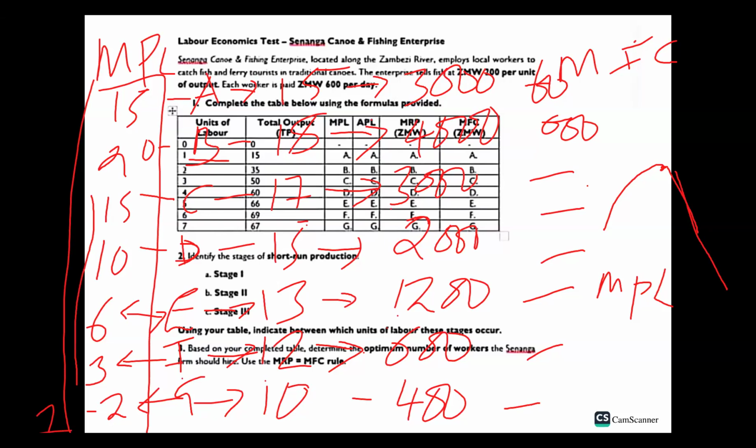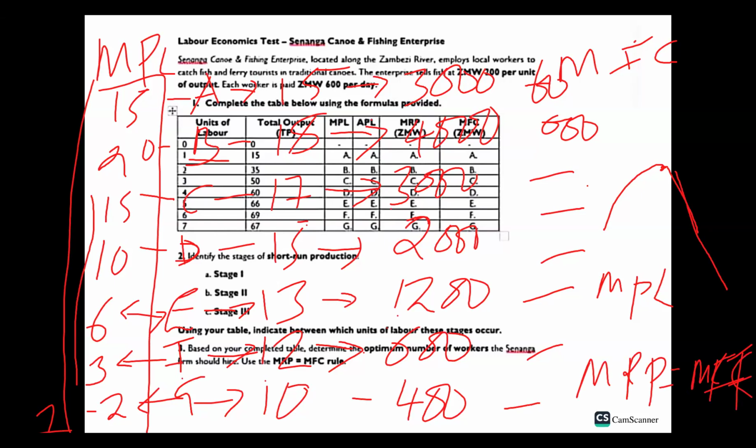Based on our table, we have to determine the optimal number of workers. The number of workers where MRP is equal to MCF, that is the optimal point, right? Where marginal revenue product is equal to marginal factor cost.